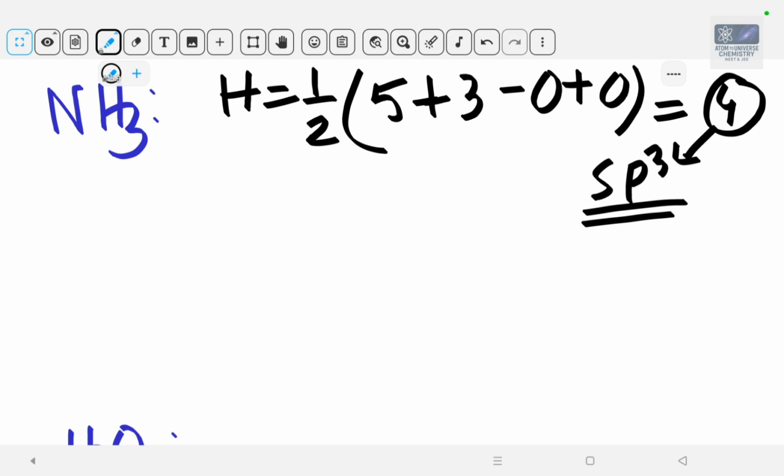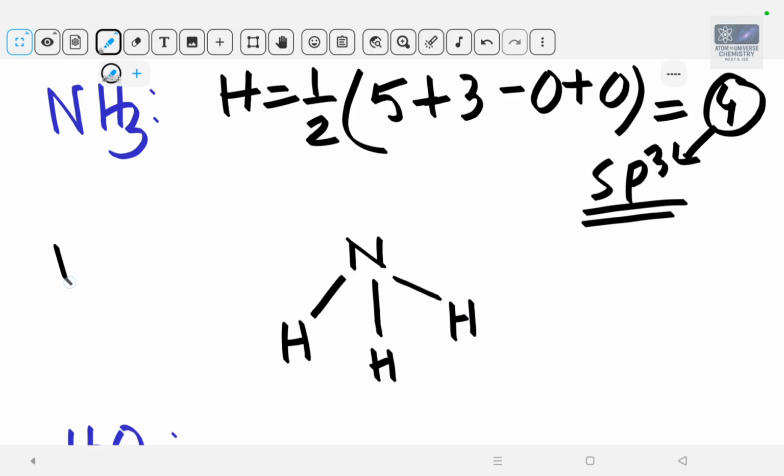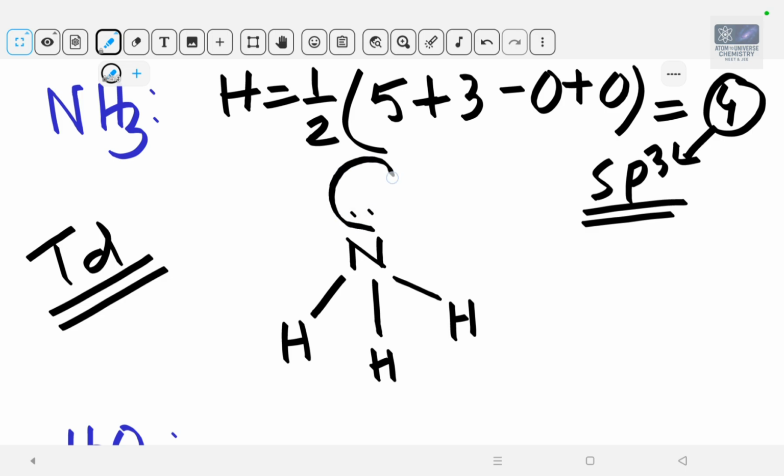Sp3 means we know that it is tetrahedral, so 3 hydrogen atoms are there, but in a tetrahedral structure there are a total of 4 positions, and in those 4 positions 3 are occupied by hydrogens, so one position remains vacant, and that will be occupied by a lone pair.